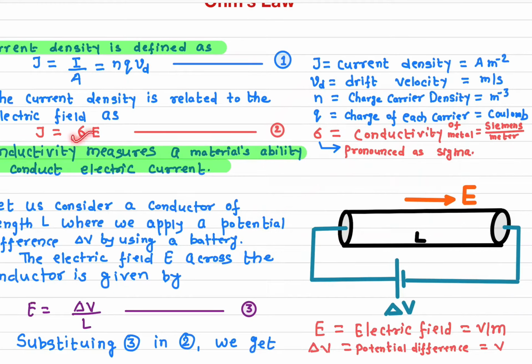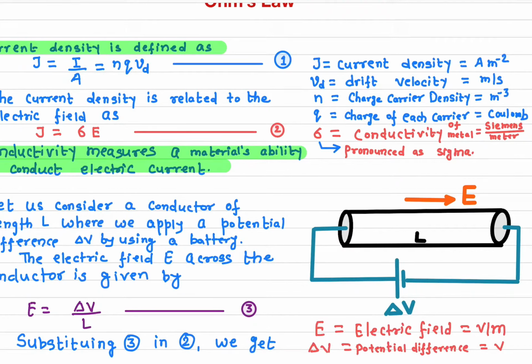The conductivity does not depend upon the shape, length, or size; it only depends upon the material. For example, the conductivity has one value for copper, and if we go to another material, let's say brass, it will have another value. So this sigma distinguishes the ability of a material to conduct electricity.